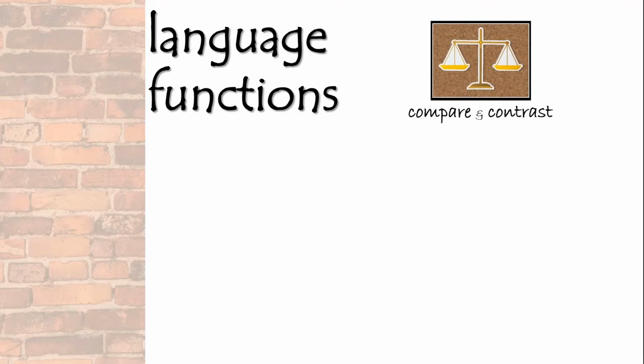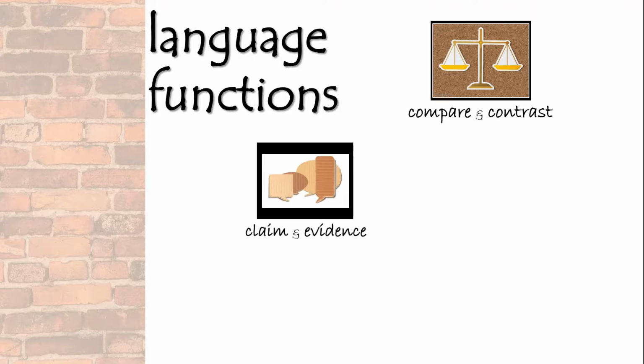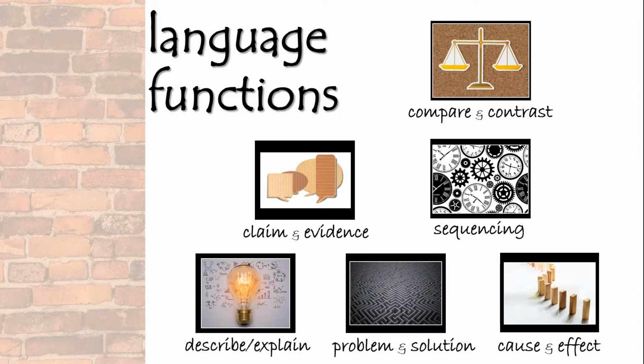For example, when we compare important ideas, we're using the language function of compare and contrast. We're focusing on 6 language functions this year. In addition to compare and contrast, they are making a claim and providing evidence, sequencing, describing and explaining, identifying problems and solutions, and cause and effect.